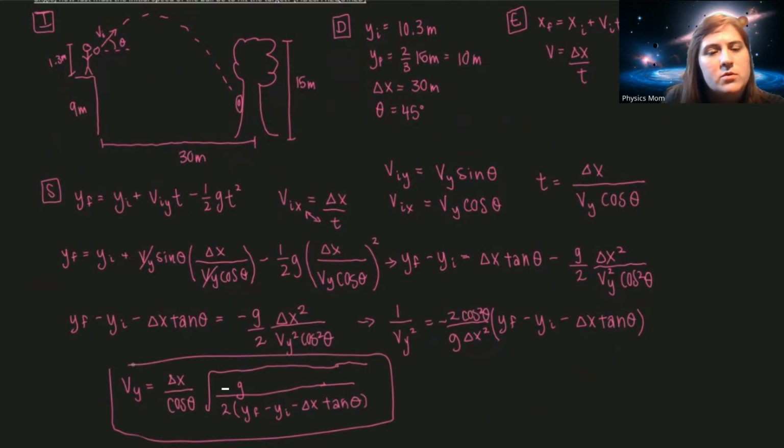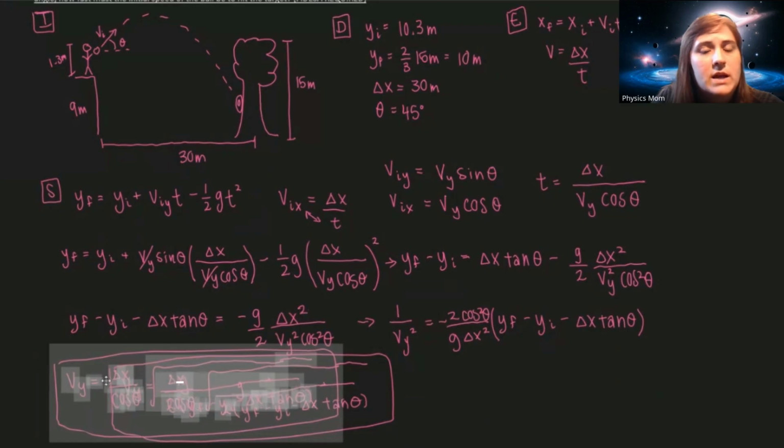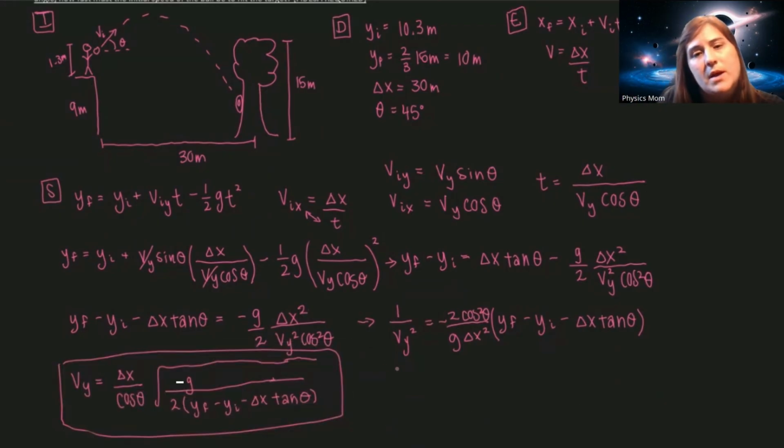I'm going to plug in my numbers and check my results under A, the last part of our acronym, answer. So our delta x, the horizontal distance or displacement, was 30 meters.